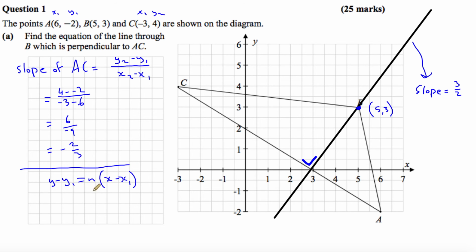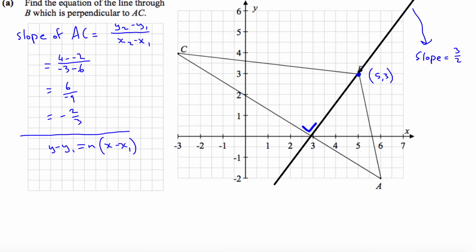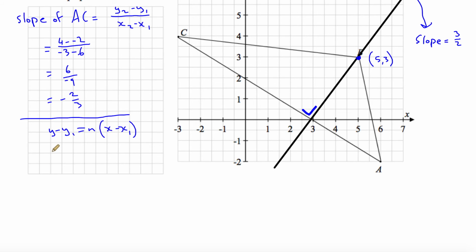And again, this formula is in your tables book. So we're going to substitute: 5 is going to be x1 and 3 will be y1. So y minus y1, which is 3, is equal to the slope m, which is 3 over 2, bracket x minus x1, which is 5.